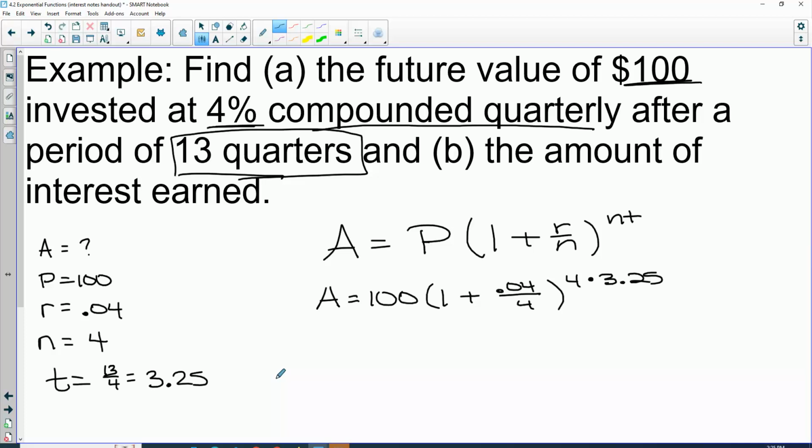I don't try to break it into steps. I just type it all in exactly as written. We are talking money, so I do want you to round to 2 decimal places.